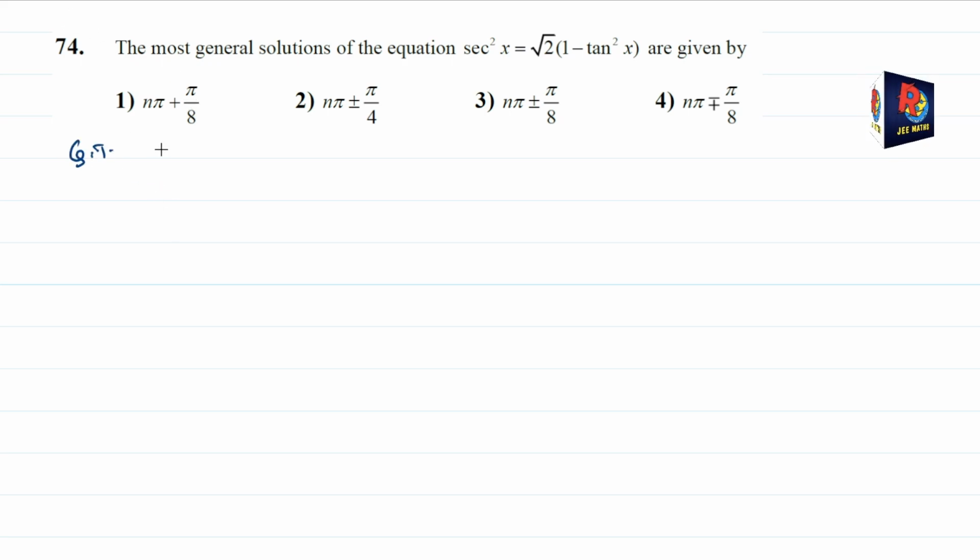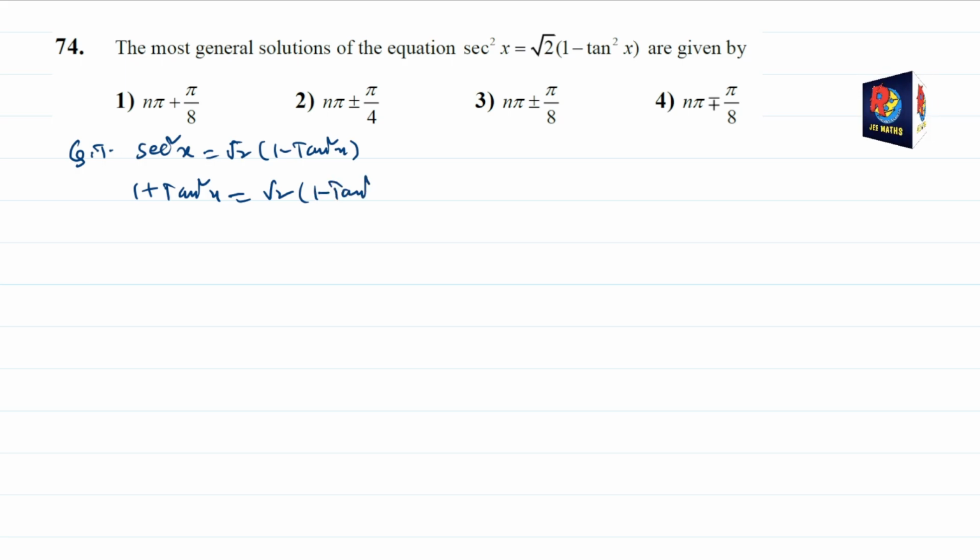Given that in this question sec square x is equal to root 2 into 1 minus tan square x. I can write sec square x as 1 plus tan square x is equal to root 2 into 1 minus tan square x.